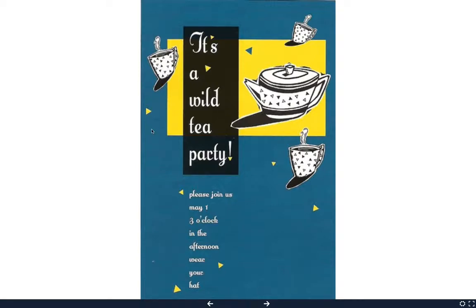Not only are they sprinkled about in mainly yellow on blue, here we have blue on yellow, which provides a nice little contrast, but we also see those elements in the illustrations of the coffee pot and the cups throughout. Okay, so there's that consistency that marries a lot of these elements together, and it's through the repetition of that shape. We even see it in the exclamation point here at the bottom.